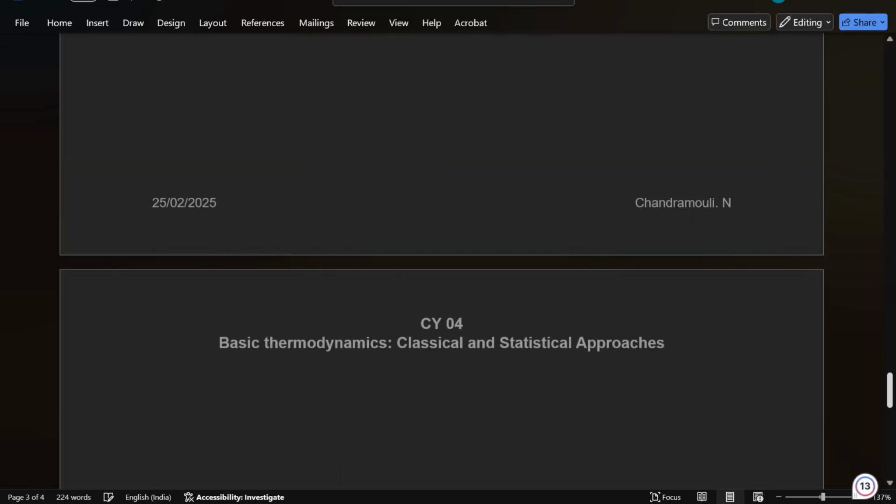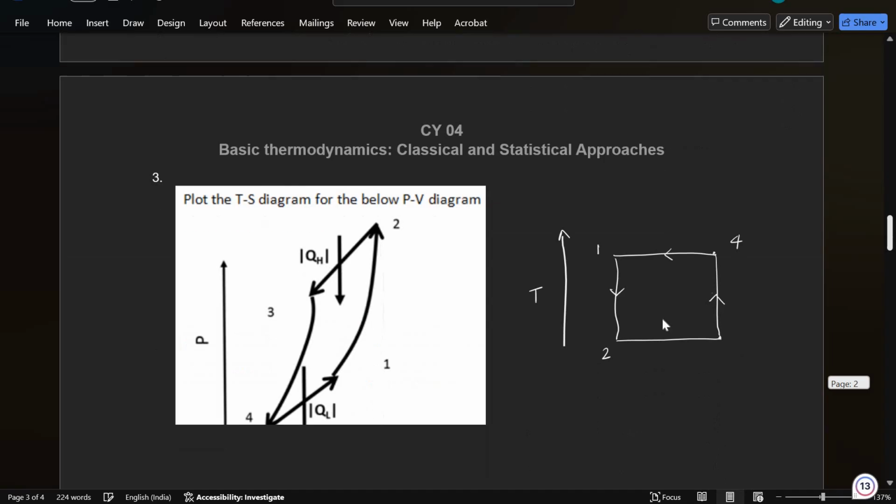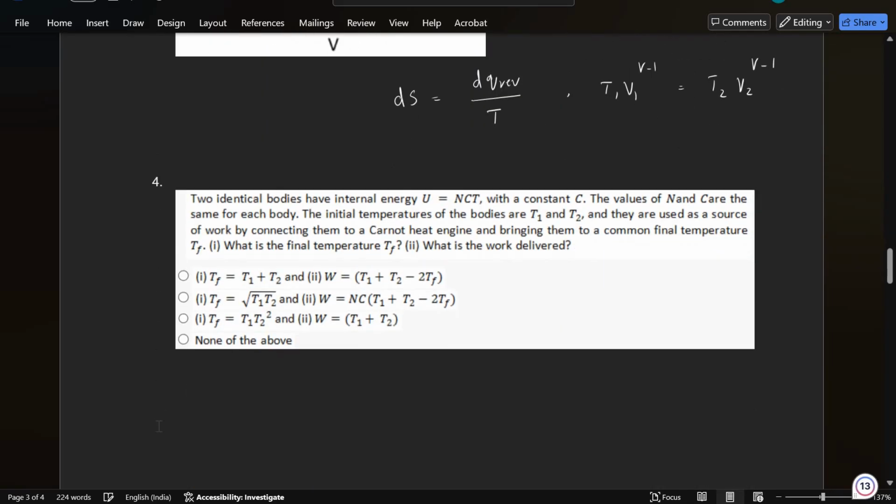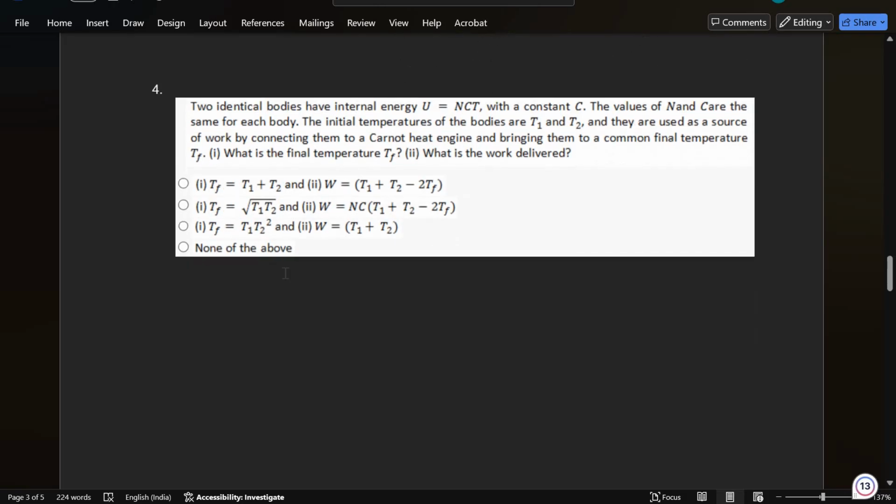So what I'll do is go up some space here. First, see the problem and tell me what you understand from this.